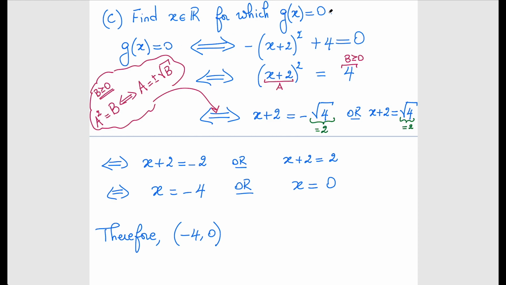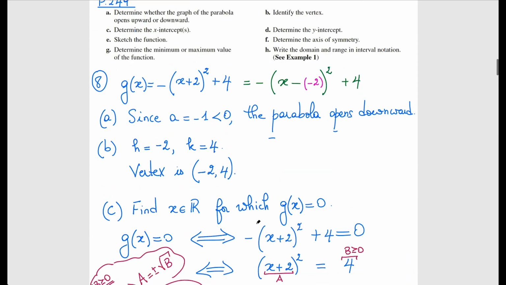So 0 comma 0 is another x-intercept. So these are the x-intercepts of the function g. Okay, so we've done C.